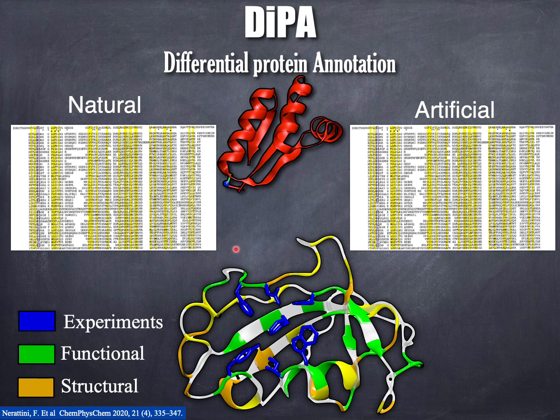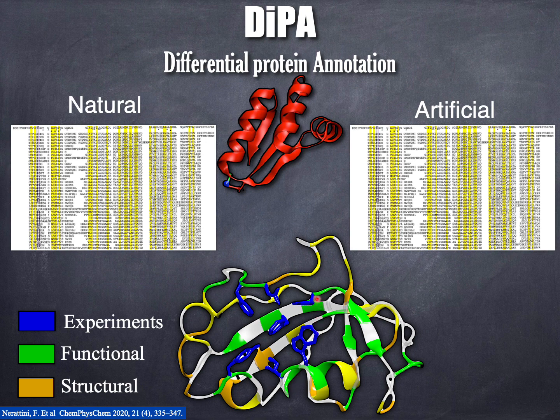In this example, which is of the FKBP protein family, we could identify in green the functional residues, which are in one-to-one matching with experimentally identified residues that are essential for the binding pocket of this protein to its natural ligand.